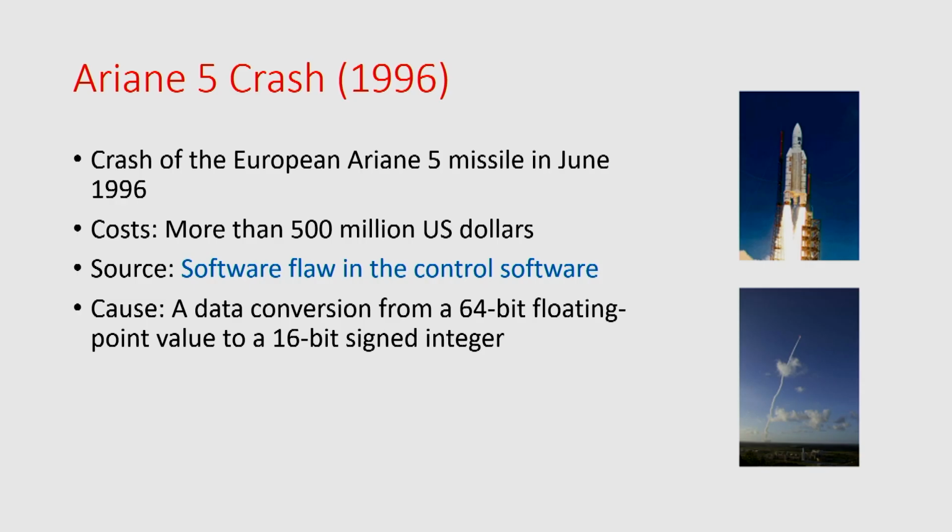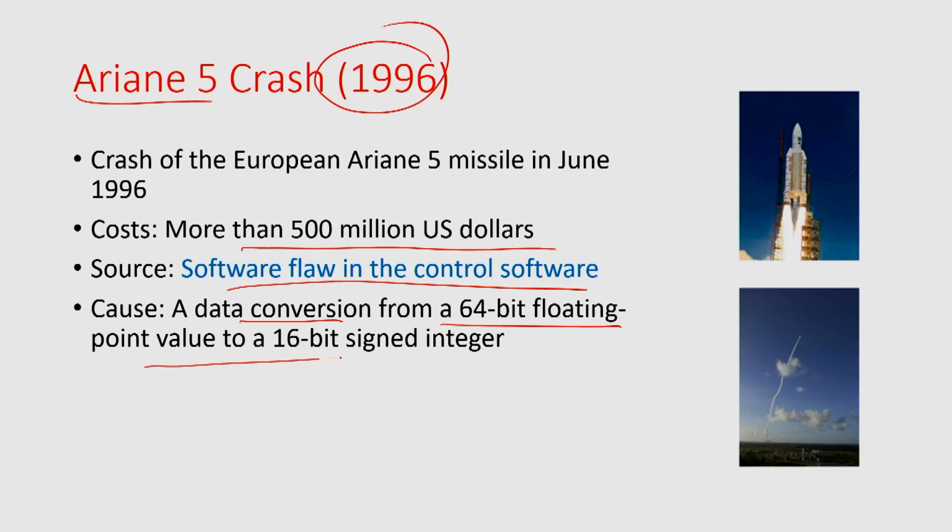Similarly, it can have more impact, like the crash of this particular European missile in 1996, which also cost the entire development cost, more than $500 million. And again, the problem was in the control software, and it's basically a data conversion from a 64-bit floating point value to a 16-bit signed integer. Just the way you interpret data inside, there was some misinterpretation. Because of that, this particular crash happened, right.